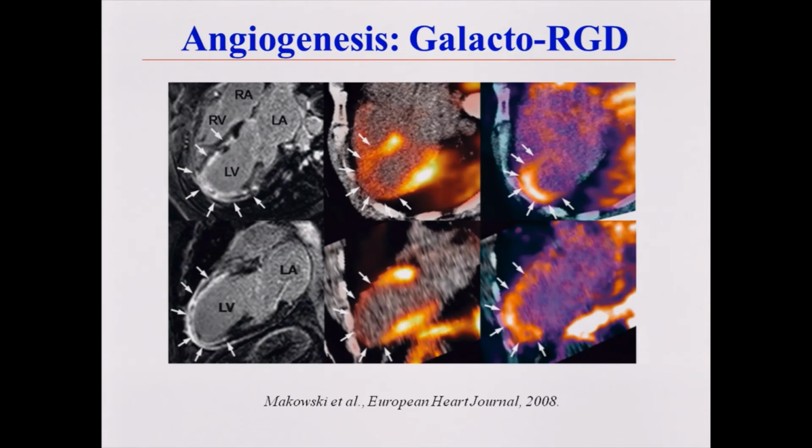Matthias mentioned very elegantly and discussed what he likes to call the yin and yang of macrophage infiltration, their pro-repair role, such as in angiogenesis. This was work out of Munich, using Galacto-RGD to image angiogenesis in the infarct.